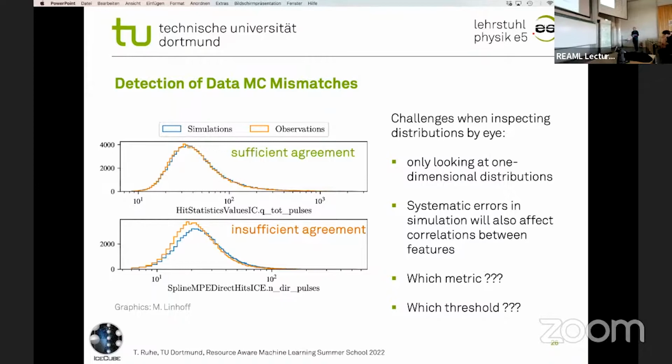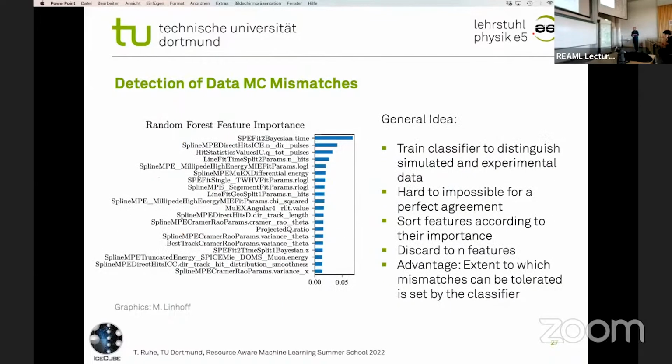So one can ask a different question: how much will the classifier that I'm trying to use be affected by these mismatches? And the general idea is pretty simple. You just train your classifier to distinguish between simulated and experimental data. If my simulations are perfect, then this is impossible for the classifier to achieve.